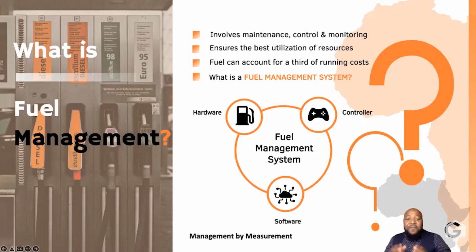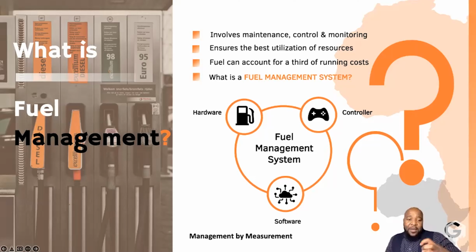And fuel management systems are then designed to monitor and to control fuel consumption within your fleet, all right? Now, a fleet or fuel management system is a combination of hardware and software products. In this case, we're referring to things like your Geotab device that is installed in your vehicles, as well as the My Geotab software system.